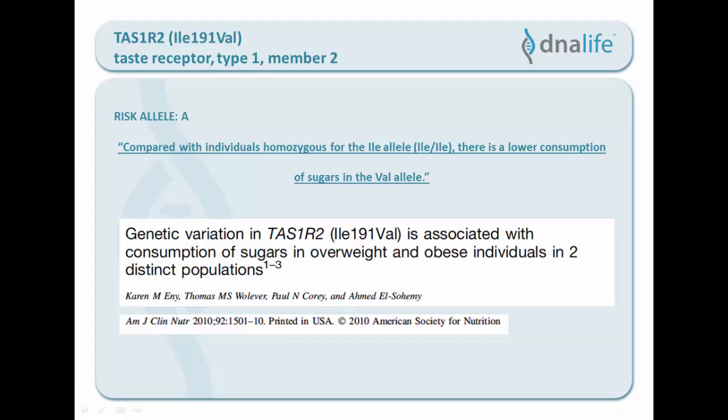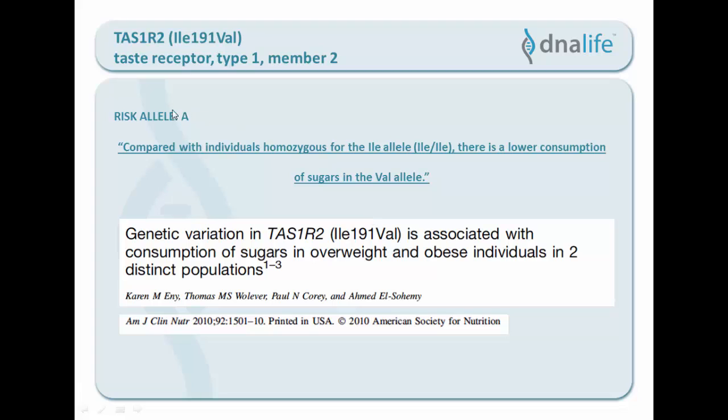And what they found is that compared with individuals homozygous for the GG genotype, there is a lower consumption of sugars. Compared with individuals homozygous for the AA genotype, there is a lower consumption of sugars in the G genotype.